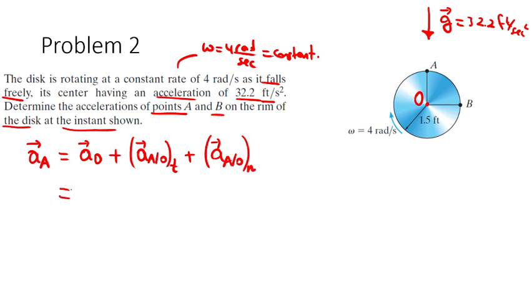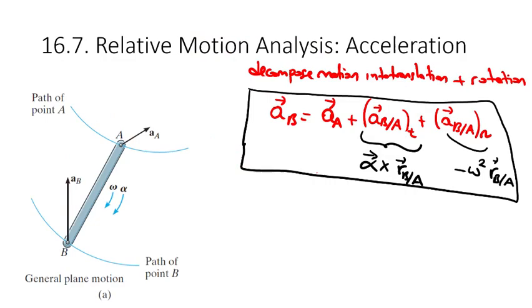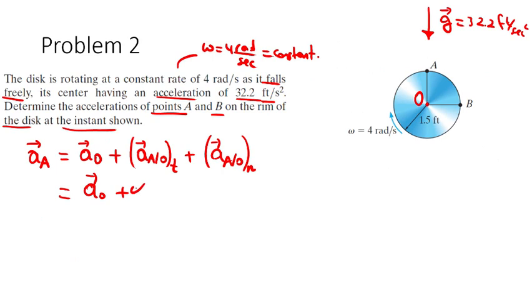If I write it in full form, the first is alpha cross R of A with respect to O, and then minus omega squared R of A with respect to O. That is the equation.